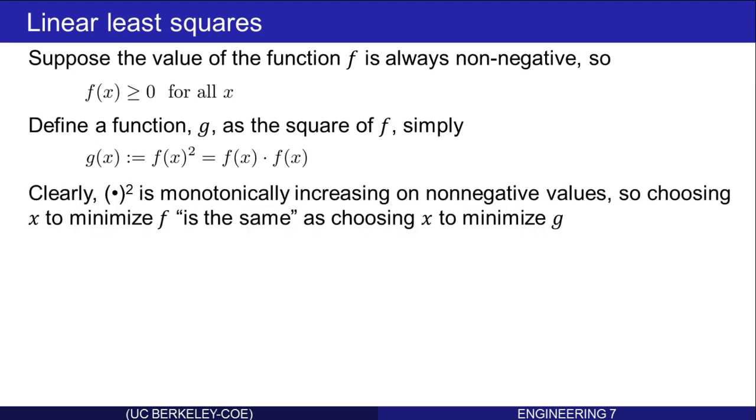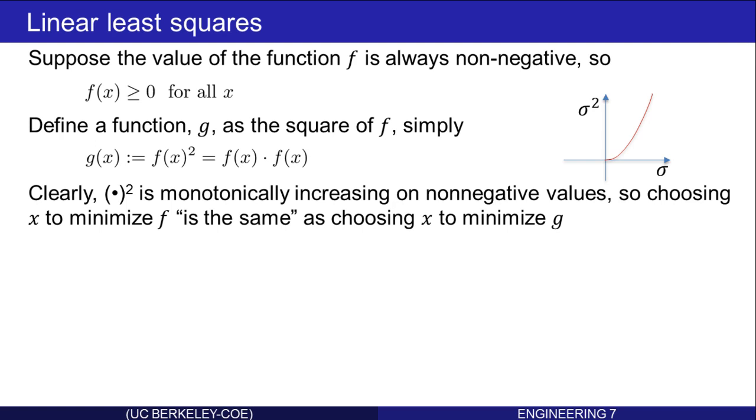Now, the function which squares its argument is monotonically increasing on non-negative values. There I've shown sigma squared versus sigma, and notice that it's monotonically increasing while sigma is positive.